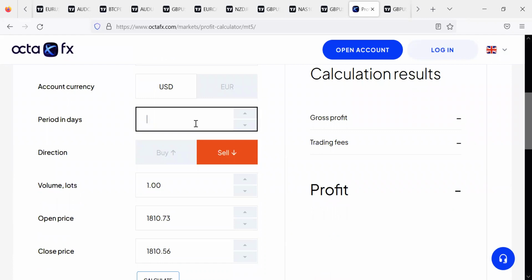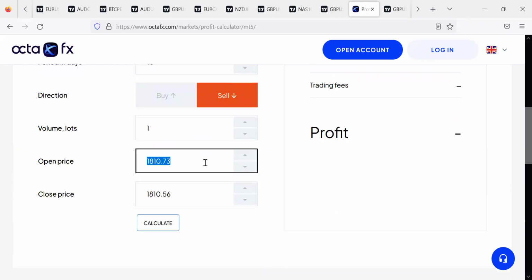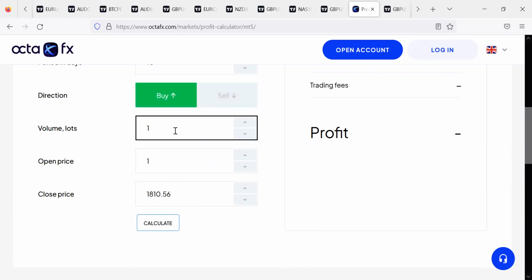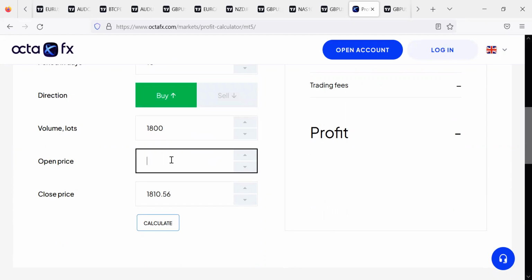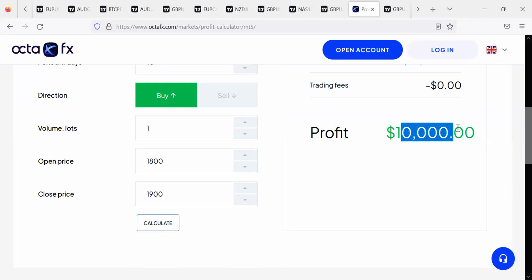Let me just say we're at 1800, and I buy from here and just wait to 1900. Sorry, one lot. Buy from 1800 and wait to 1900. Calculate that. This is a $10,000 profit with one lot.